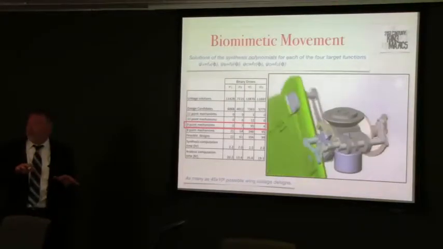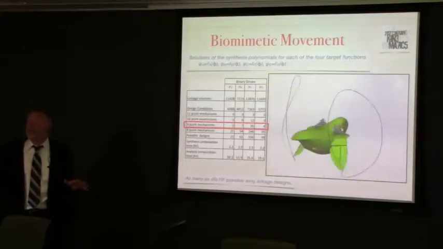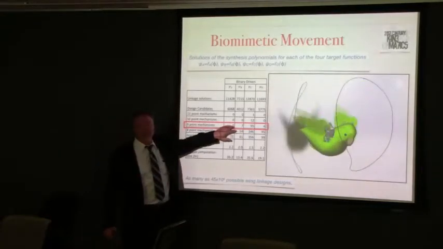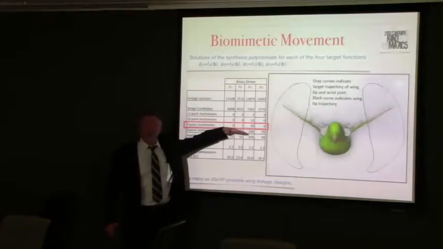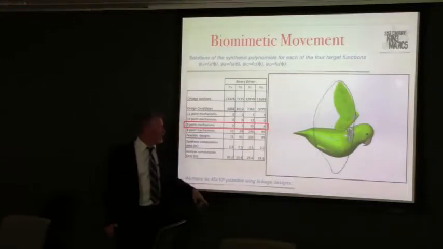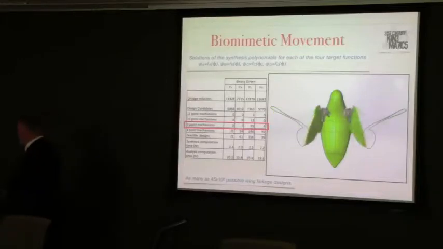But what you can find is that there's no mechanism that meets that requirement. When we looked at how far off it was, we found out that it was very close, and it was fine for us. And then we get something like 200 mechanisms. It took 20 hours to do this kind of calculation.